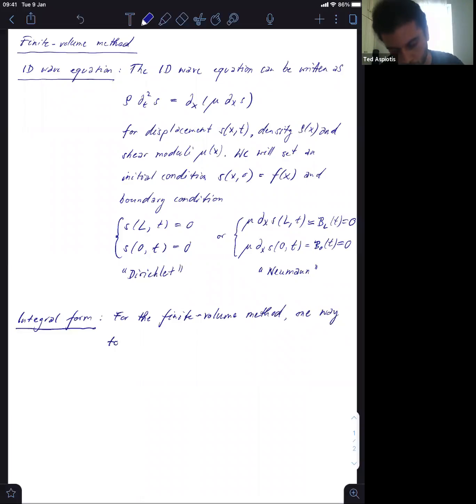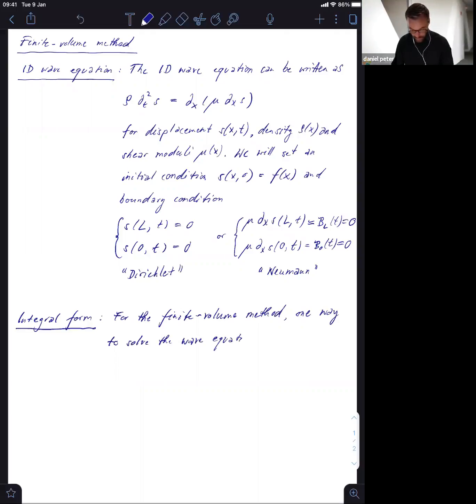So for the finite volume method, one way to solve the wave equation is to cast it as an advection problem, which is described by a first order PDE.